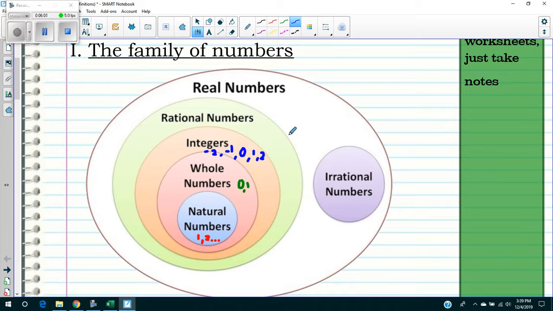Okay, so that's what integers are. Next, rational numbers. You can remember rational numbers by looking at the word ratio. What's a ratio? Yep, it's a fraction. So any number that you can put as a fraction, like 2/3, or as a decimal, like -2.7.